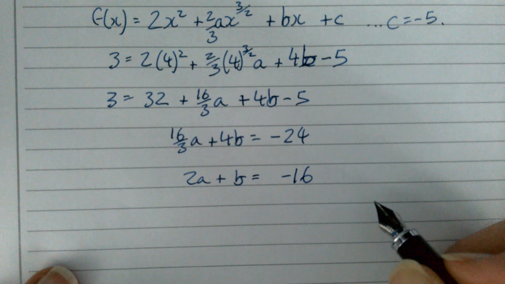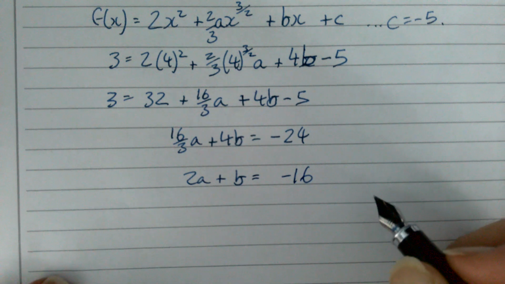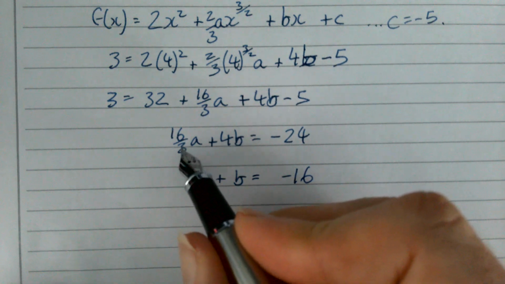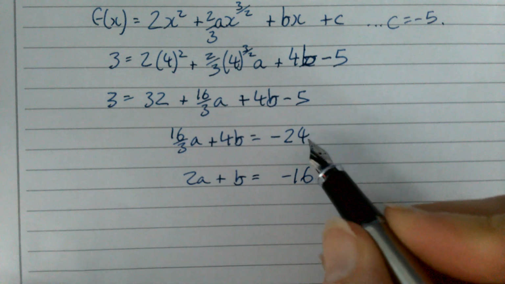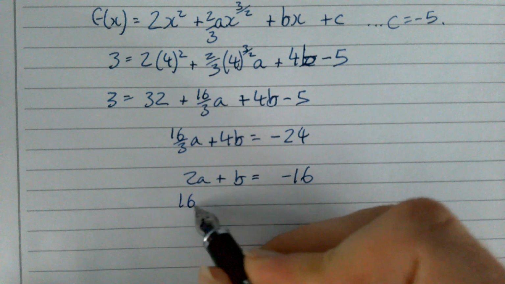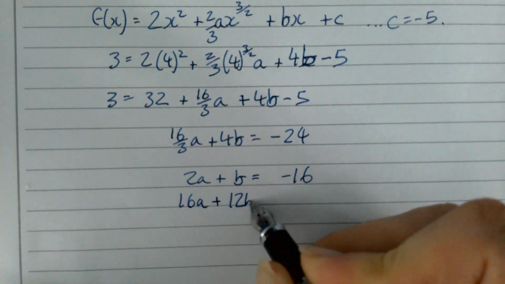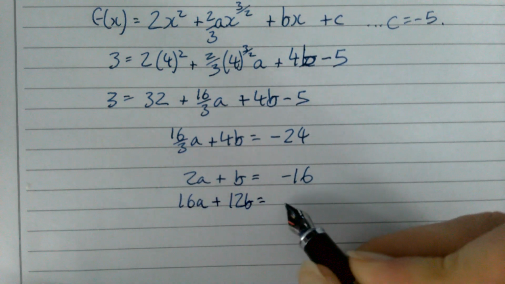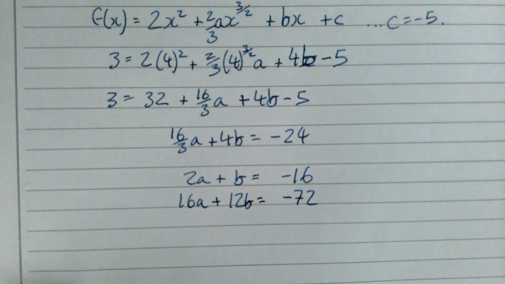And I think the easiest thing to do here would be maybe to multiply all of this one here by 3, which is going to give me 16a plus 12b equals negative 72.